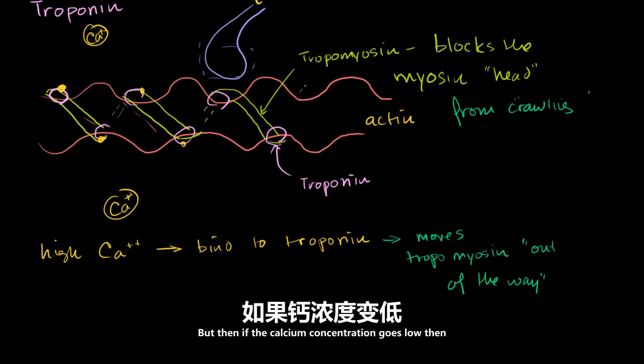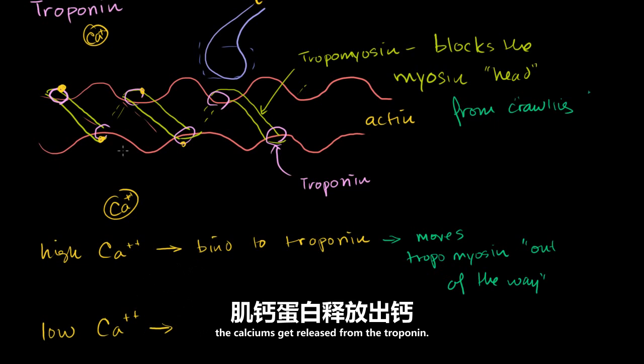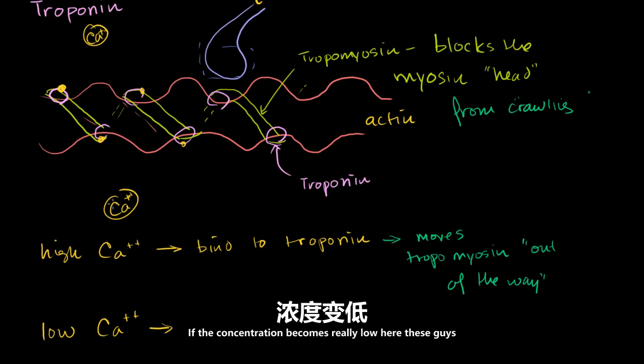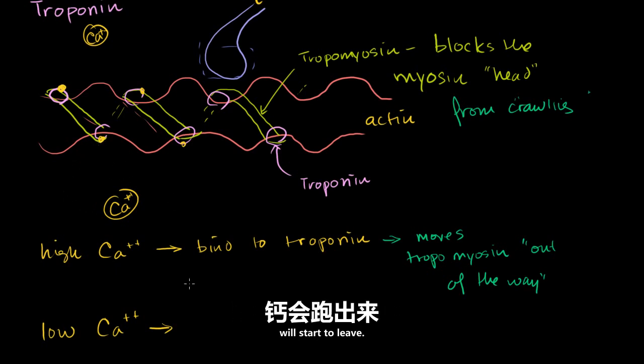But then if the calcium concentration goes low, so low calcium ion concentration, then the calciums get released from the troponin. You need to have enough to always hang around here. If the concentration becomes really low here, these guys will start to leave.